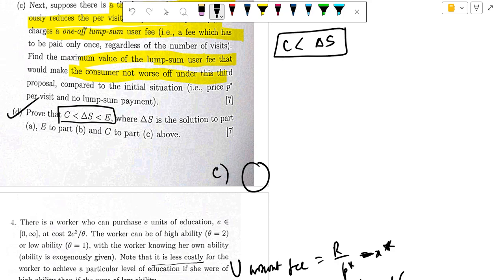From this we find that the maximum value of the lump sum user fee F, which makes the consumer not worse off in the third proposal, is F by this.